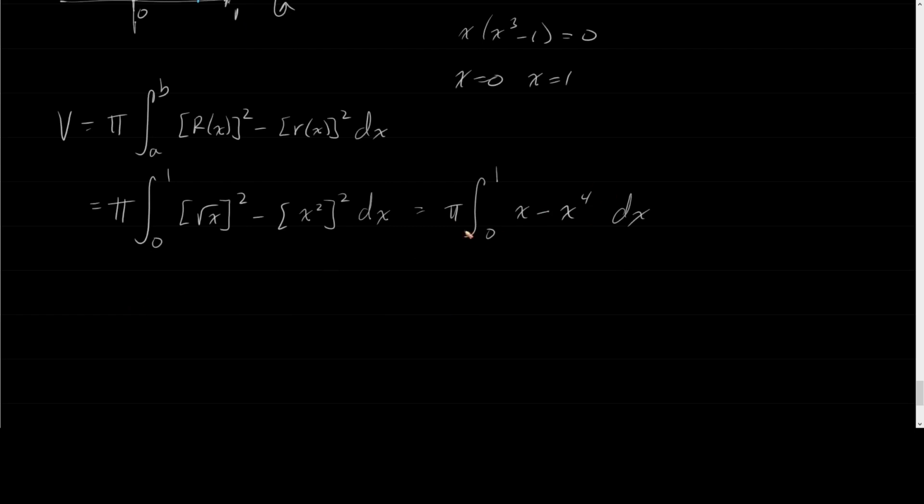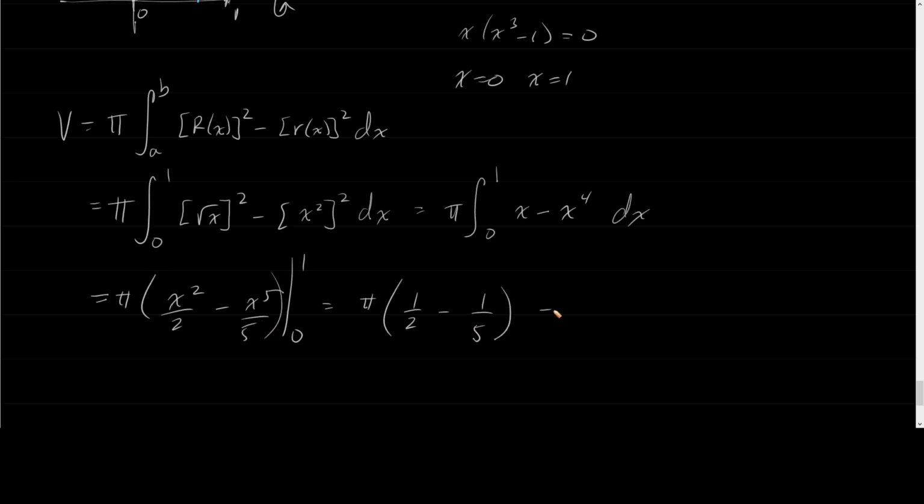And taking the integral, I end up with pi times the integral of x is x squared over 2 minus x to the fifth over 5, evaluated from 0 to 1. Plug in the 1, so I have 1 squared, so it's 1 over 2, minus 1 to the fifth, that's just 1, and we have that over 5, minus pi times 0 minus 0.